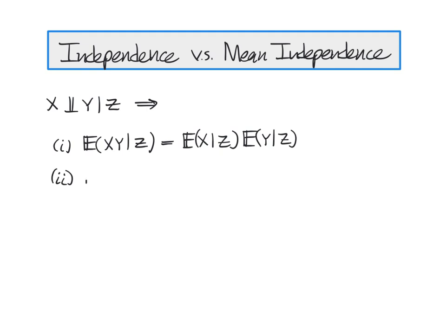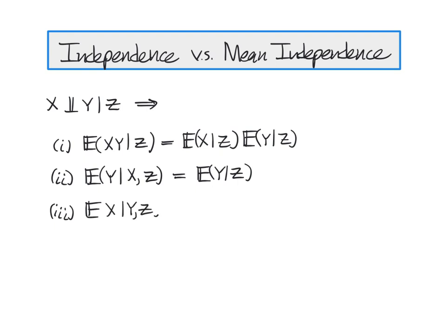Moreover, the expectation of y given x and z is simply equal to the expectation of y given z. And if we exchange the roles of y and x, we have a related expression, namely the expectation of x given y and z is equal to the expectation of x given z.